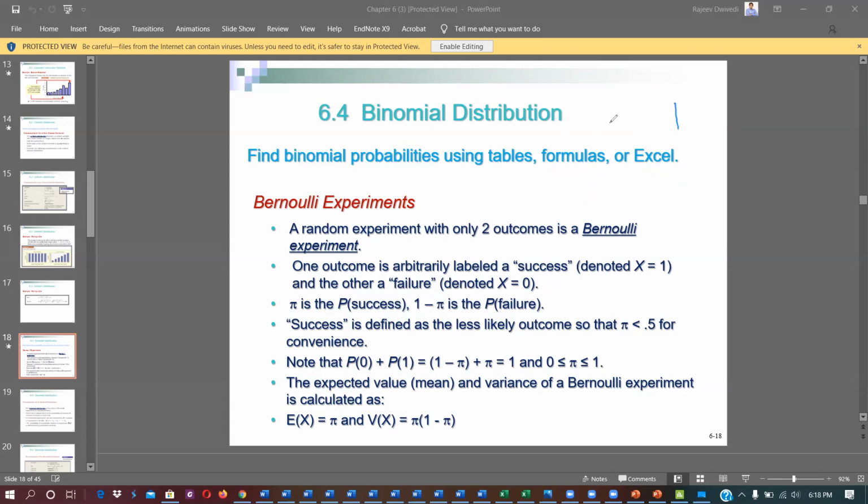Let's say 40% is insurance and 60% is no insurance. The total probability is 1. So please remember when we use this. This is the situation and the condition. So the expected value is this much and the variance is this much.